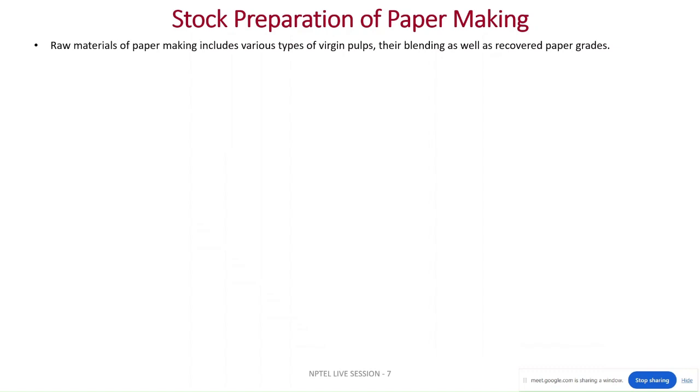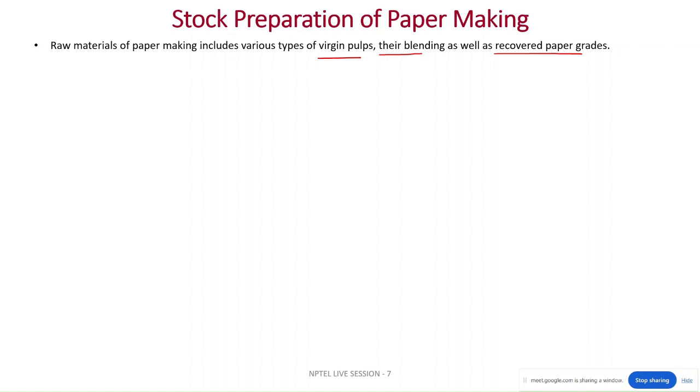So the first step after the pulping process is that we need to prepare the stock for sending into the paper mill. The stock preparation process, the raw material for paper making, includes various types of virgin pulp and their blending, as well as some recovered paper grades, like recovered newspaper or other recovered paper that we generally collect as waste.